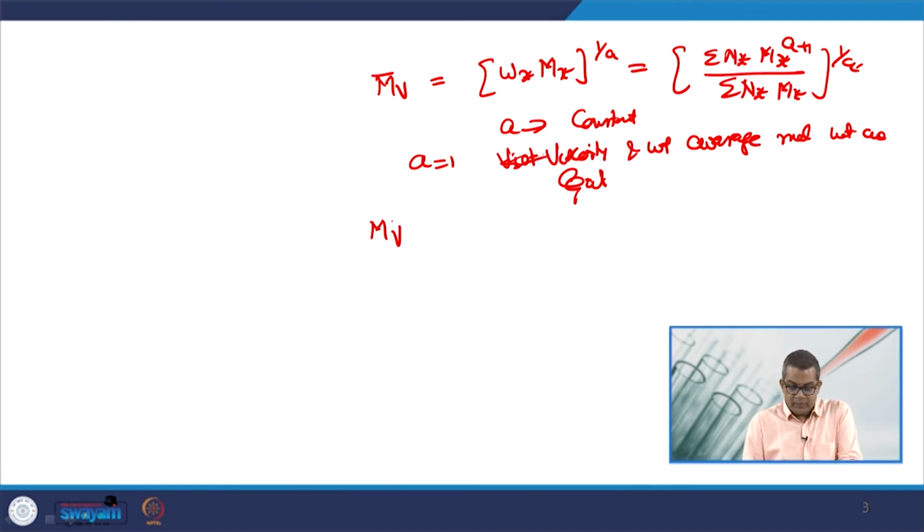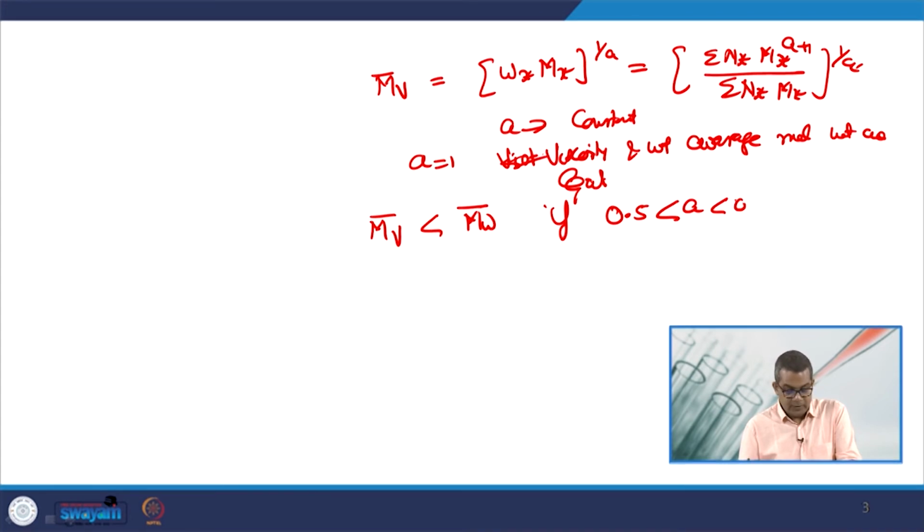Now, sometimes we may encounter a scenario where viscosity average molecular weight is less than the weight average molecular weight. This scenario happens when A is in between 0.5 to 0.9. It is usually 20% of weight average molecular weight, and it varies with the polymer, solvent and temperature.